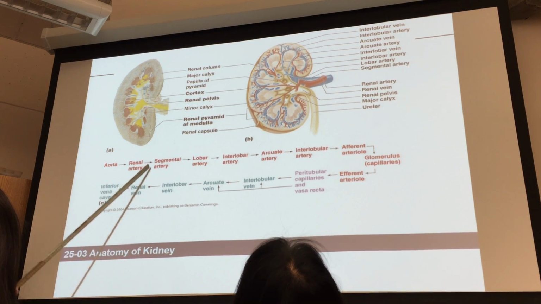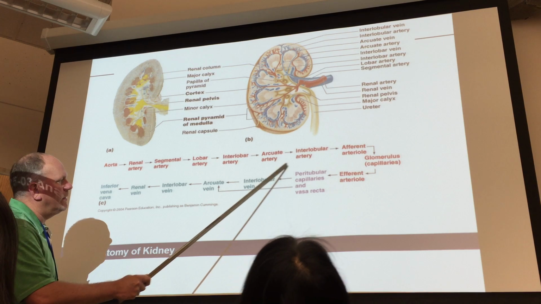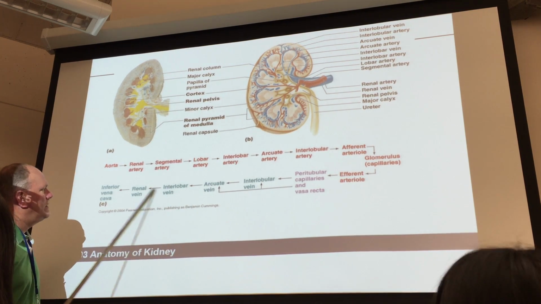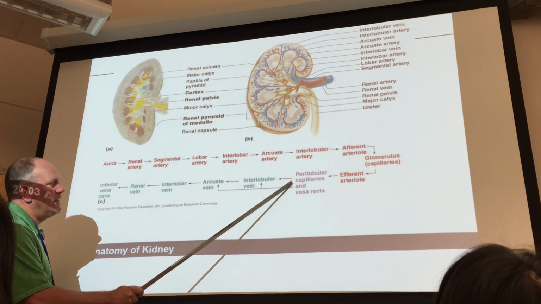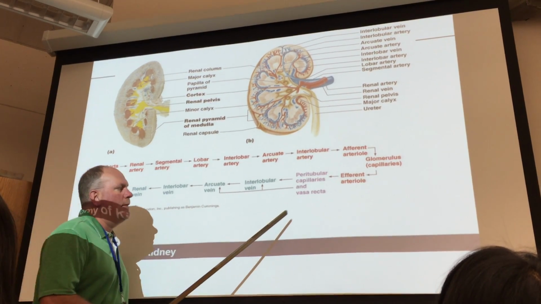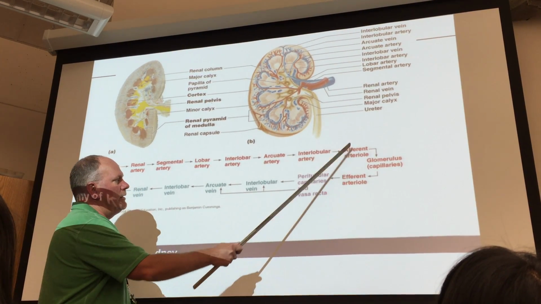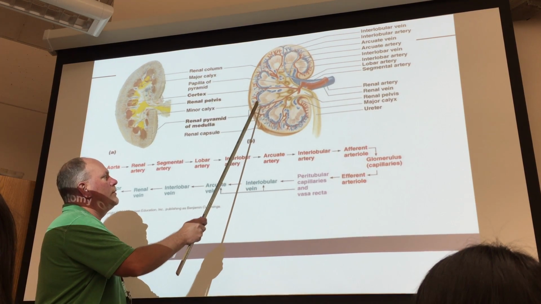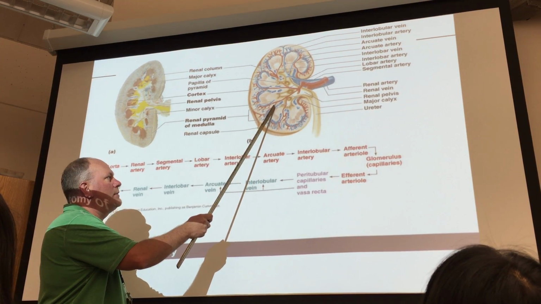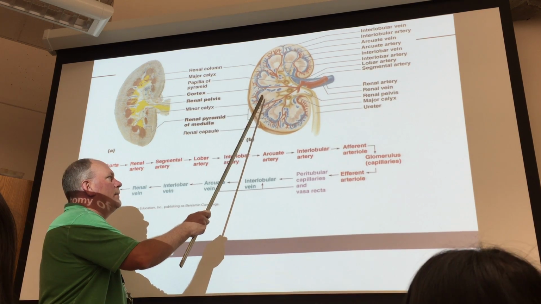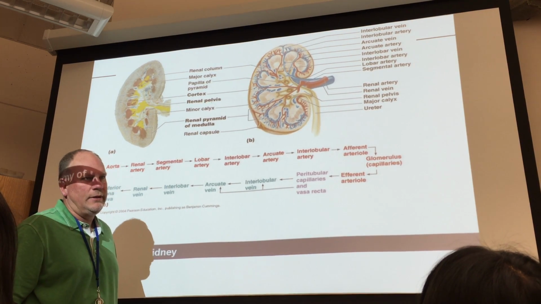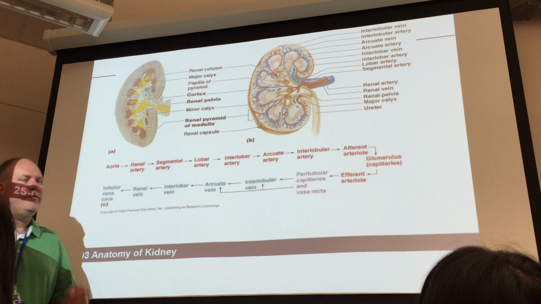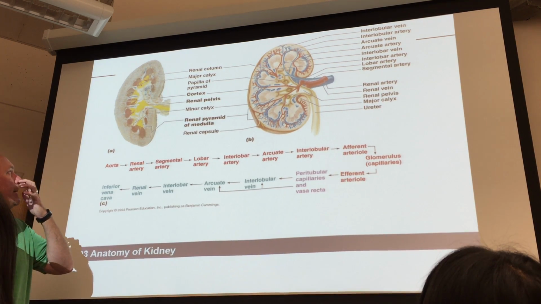What I was just saying about all of these arteries and veins here, they are not on the exam. I did put peritubular capillaries and vasa recta. Efferent and afferent are on the exam. You'll need to know the difference between cortex and medulla, no surprise, gross anatomy. Pyramids, columns, certainly could be identified on the model.